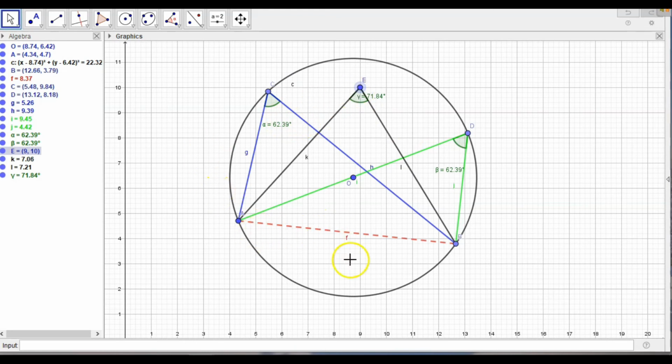Now let's move on to the minor segment, and look at the angle property there. I'm selecting two points there.